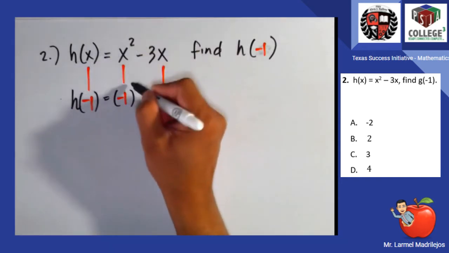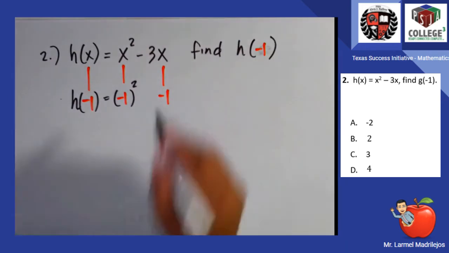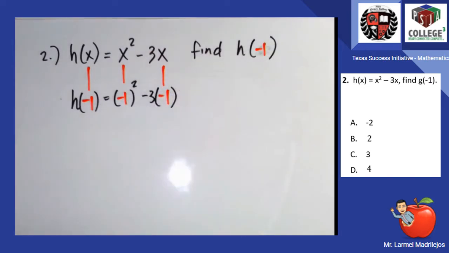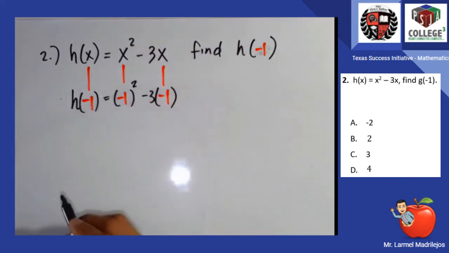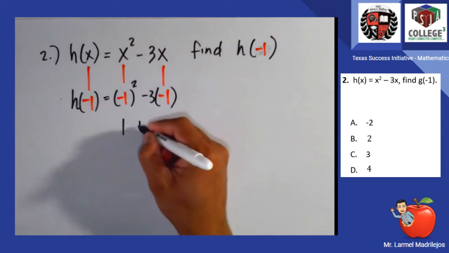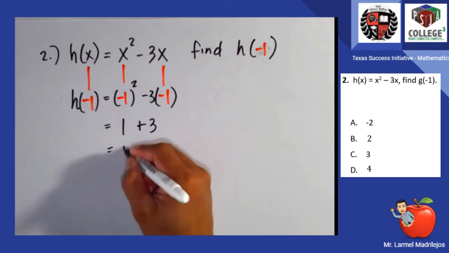See, there's a square. It means you're going to multiply negative 1 by itself twice. And there's a number there. So negative 1 times a negative 1 is positive 1. Negative 3 times a negative 1 is positive 3. So if I add them, the answer is 4.